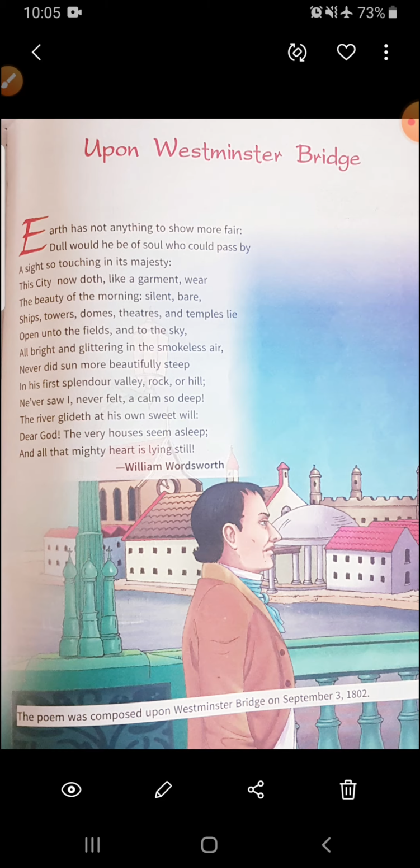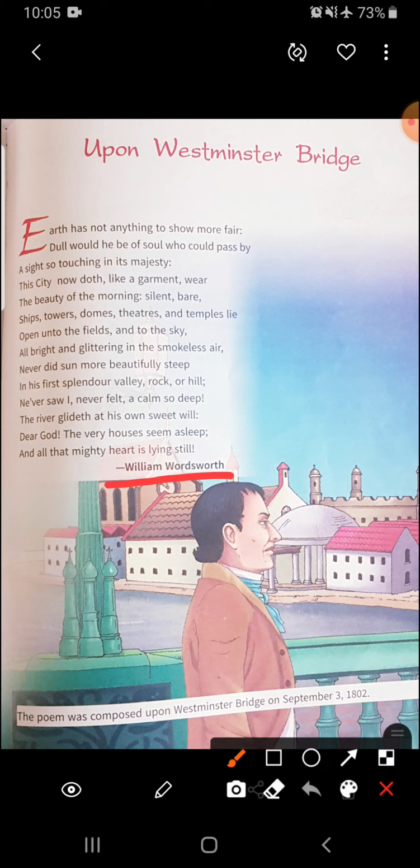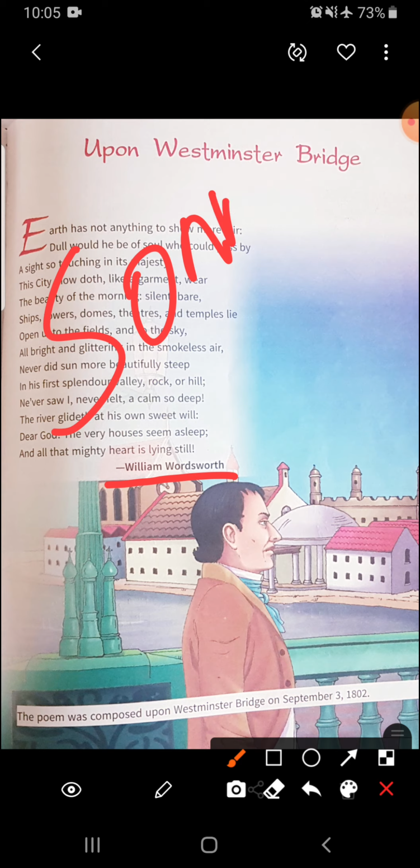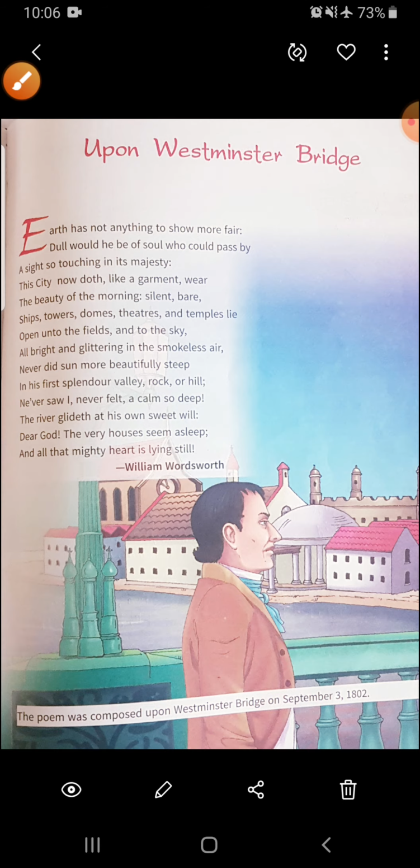First of all, this is written by William Wordsworth, and this is a sonnet. What is a sonnet? A sonnet is a 14 lines poem with a fixed rhyme scheme. Okay, you know what a rhyme scheme is.